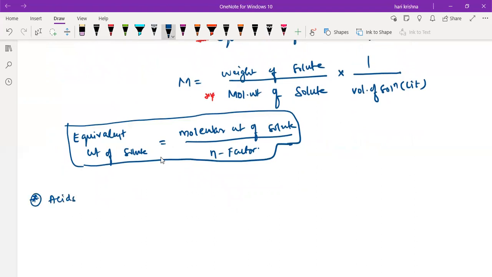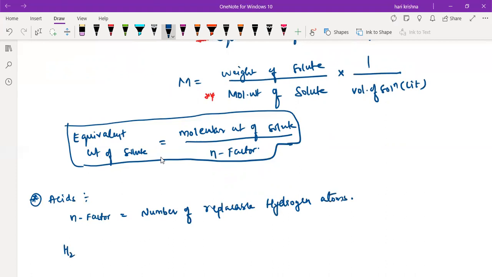For acids, n factor is equal to the number of replaceable hydrogen atoms. Suppose we take H2SO4, what is the equivalent weight?